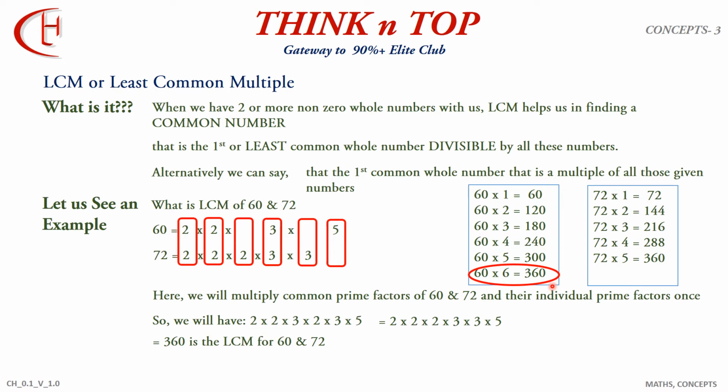So this is the first common multiple that is appearing on both tables. We have marked them. So looking at these two tables, 360 is the LCM of 60 and 72. But is this a good idea or is this a better idea? We'll see that. Let us see for 3 numbers now.